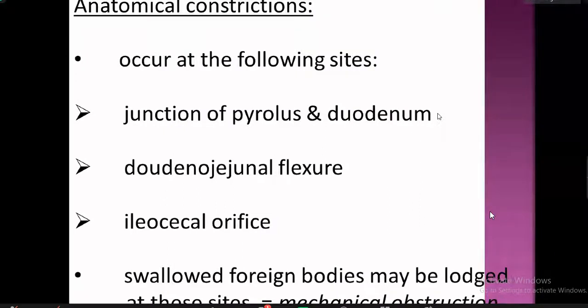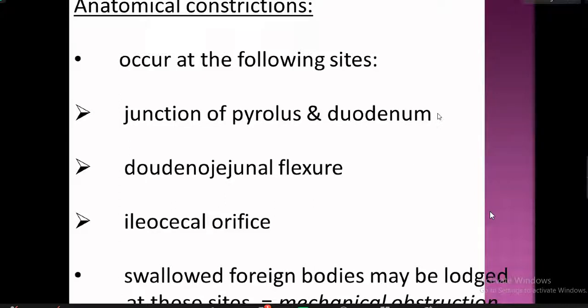With the small bowel, there are naturally constrictions, areas of narrow points where, like I said, foreign bodies can get lodged and obstruct. The junction of the pylorus and duodenum, the duodenojejunal flexure, and the ileocecal orifice.